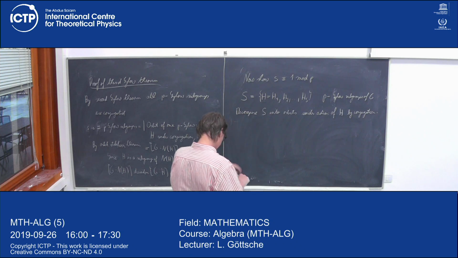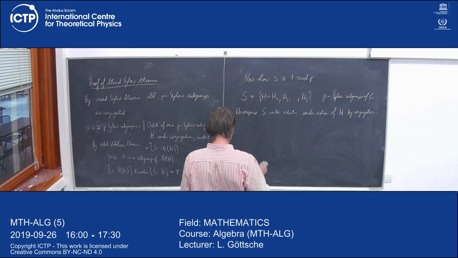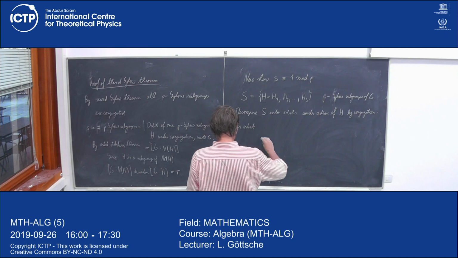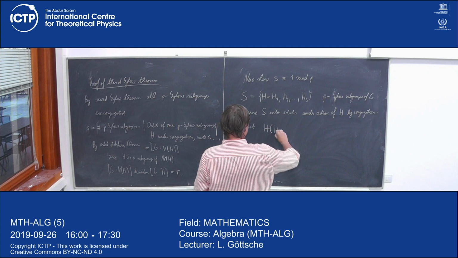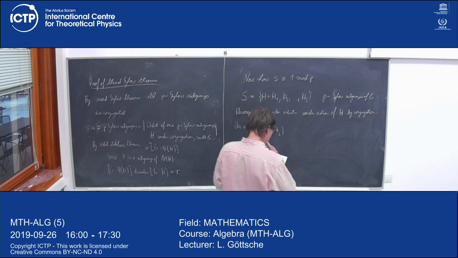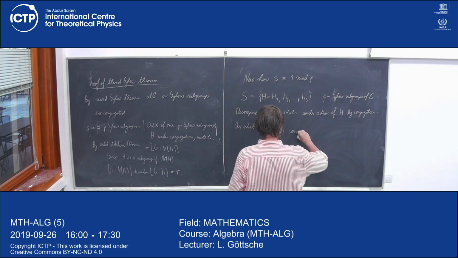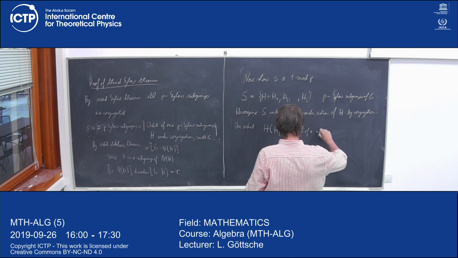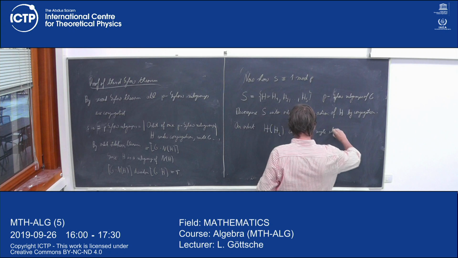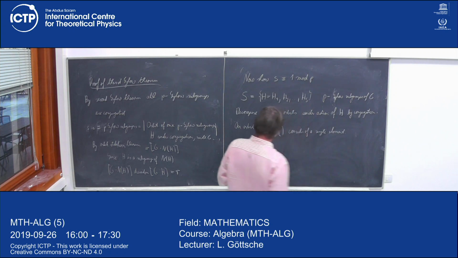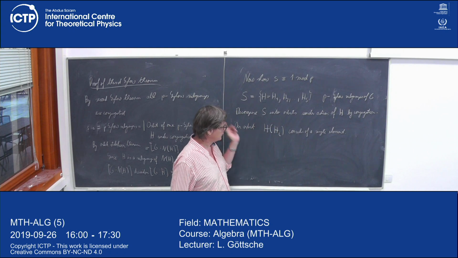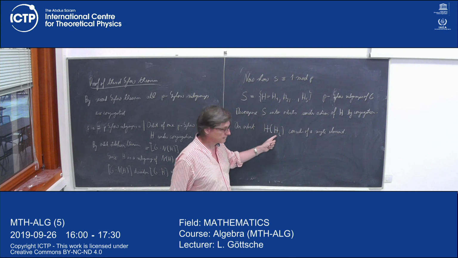So let's see. So the orbit under H of Hi consists of a single element if and only if every element in H does nothing. And we know that the stabilizer in G of this thing is the normalizer.